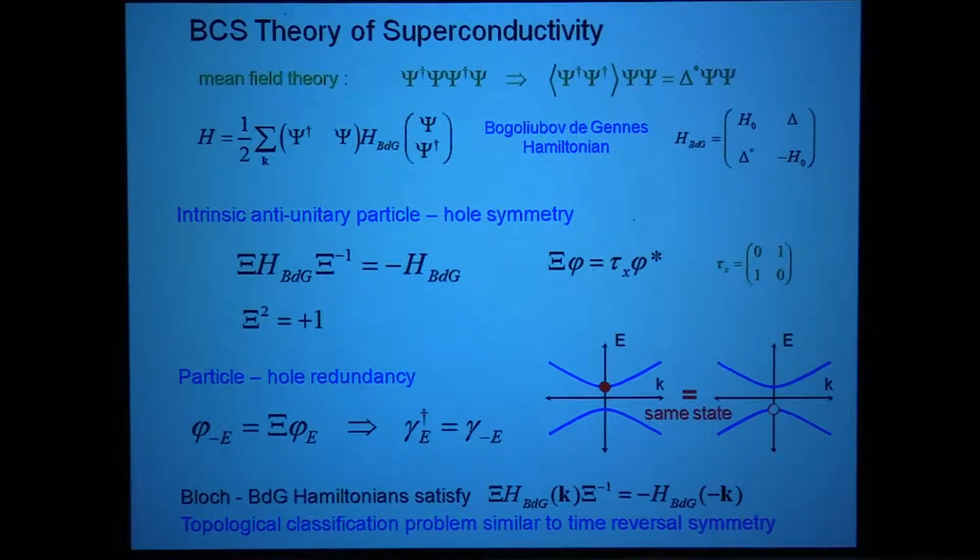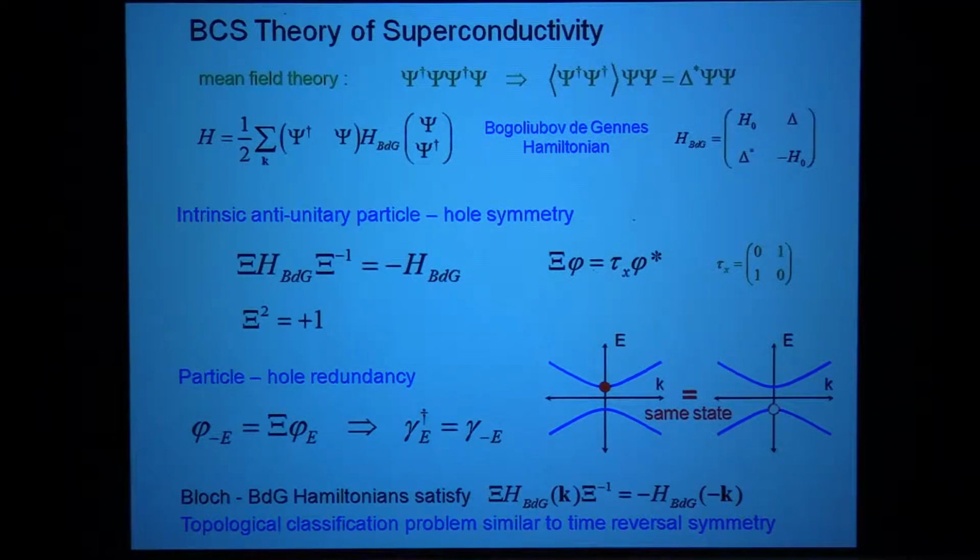Remember when I talked about the Su-Schrieffer-Heeger model, I said there was some artificial symmetry that guarantees that the conduction band is a mirror image of the valence band. So this now is a real intrinsic symmetry, and in fact it kind of looks like time reversal symmetry. My Hamiltonian anti-commutes with this operator, but this operator is an anti-unitary operator, which is like time reversal symmetry.